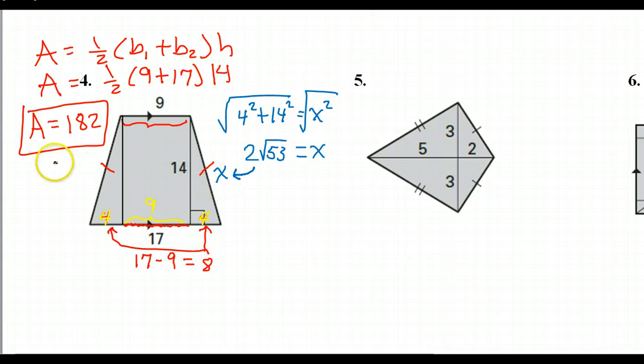So if this is 2 radical 53, that means this is also 2 radical 53, because we're assuming that it's isosceles. Now we have enough information to do the perimeter. So the perimeter should be all 4 sides. So 9 plus 17 plus 2 radical 53 plus 2 radical 53.